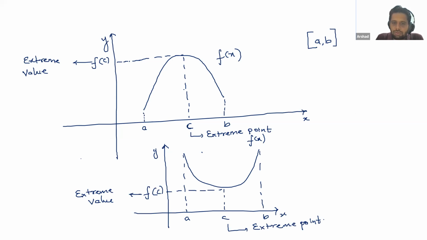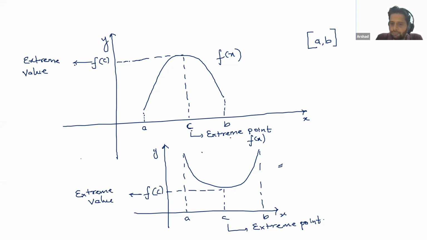If in a function there exists a point C such that at this point the function has a maximum or a minimum value, then we will say that this function has the extreme value. This value f(c) is called the extreme value, and this point C is called the extreme point.